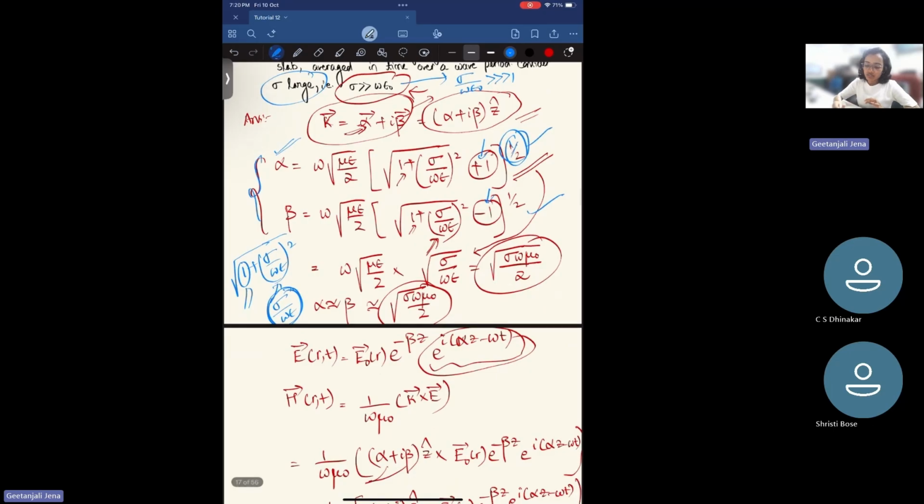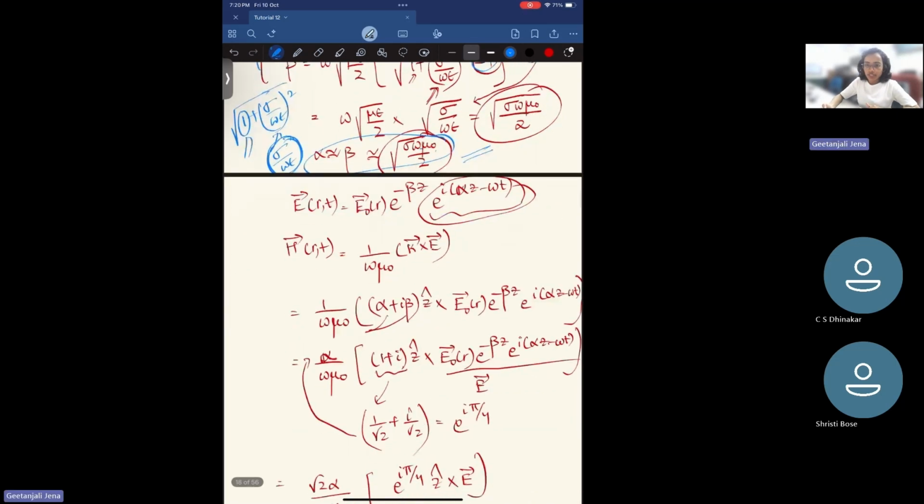For this you will see alpha and beta are equal, because the only difference is plus 1 and minus 1, which we are neglecting here. So alpha and beta are the same, and we are getting root over sigma omega mu naught by 2. Up to here, is this okay? If not, let me know.